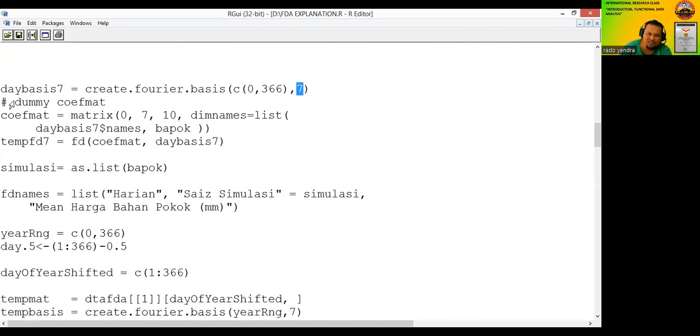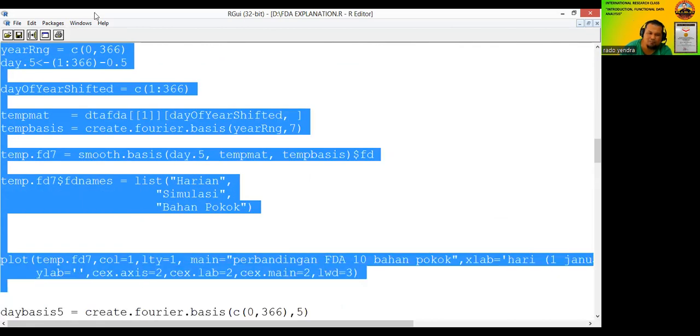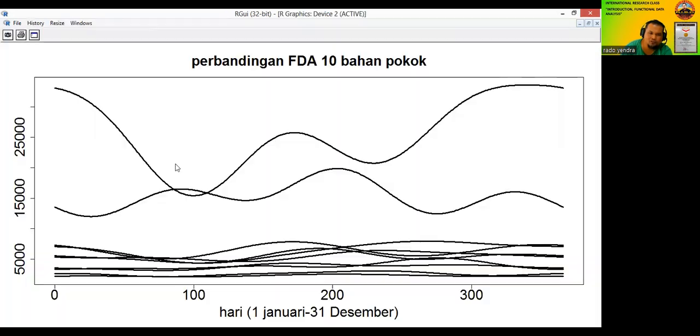We run our program again and check the smooth graph. It is a very different smooth graph when we compare it with the smooth graph with the 65 basis. This graphic is the smooth graph using the 7 basis.